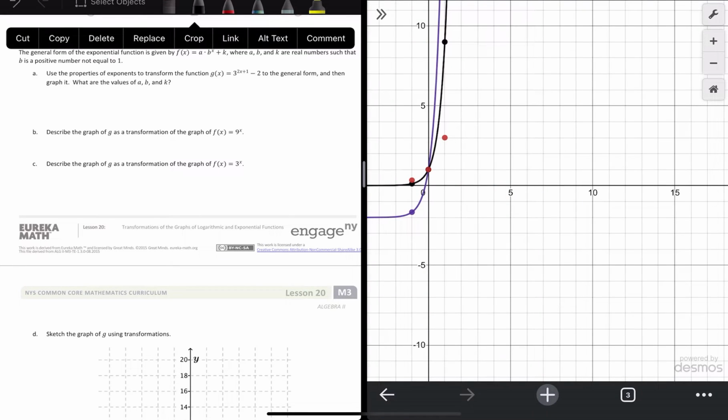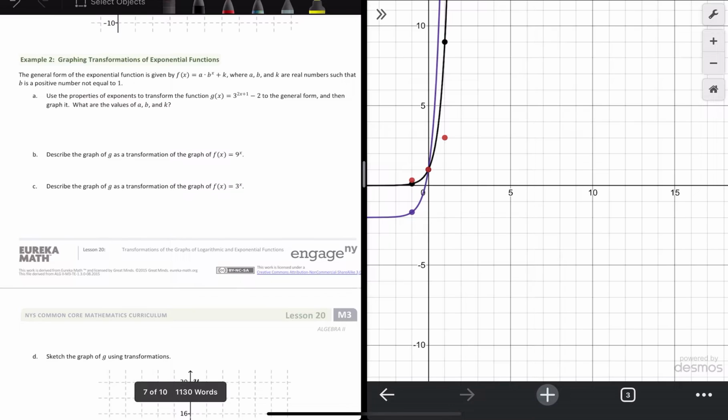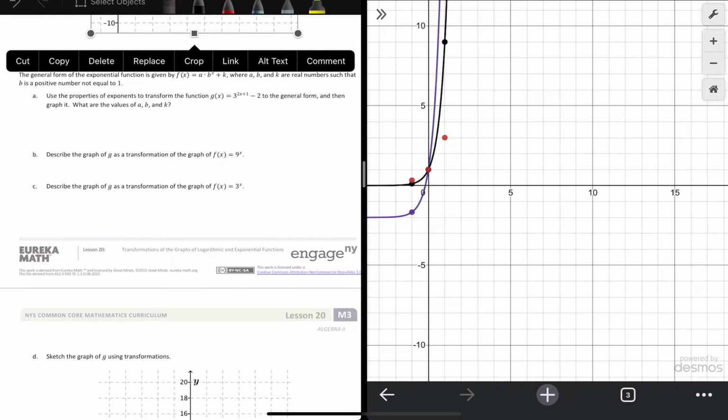Now it says the general form of the exponential function is given by a times b to the x plus k. So we were dealing with a logarithmic function, and now we're talking about an exponential function, where a, b, and k are real numbers such that b is a positive number not equal to 1.